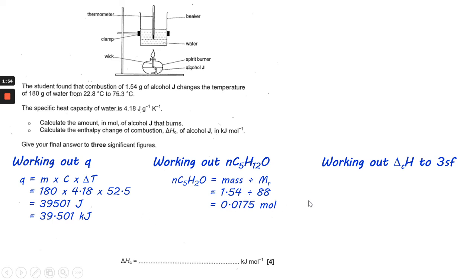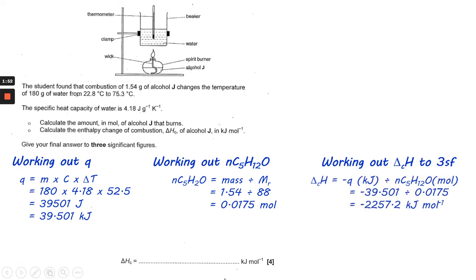And finally, working out ΔcH, we need to do minus Q over the number of moles that were burnt. So that's minus 39.501 over 0.0175. Now, you'll see I've introduced a minus sign, but there wasn't one over here. The fact that the temperature has increased must mean we've got an exothermic reaction, so energy is released.